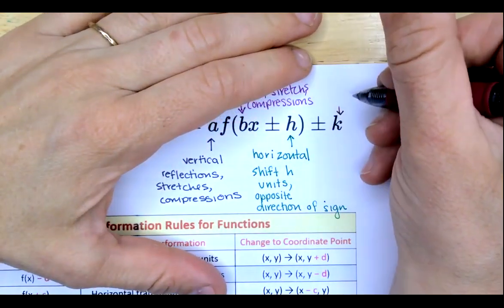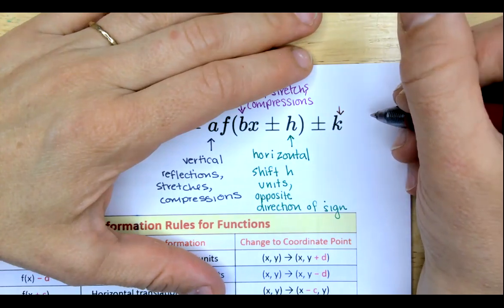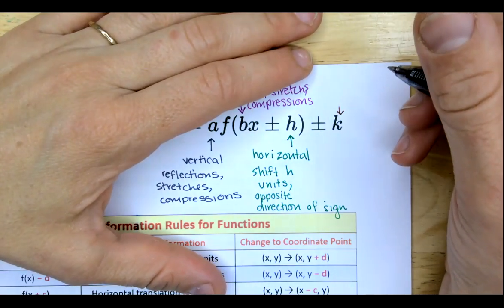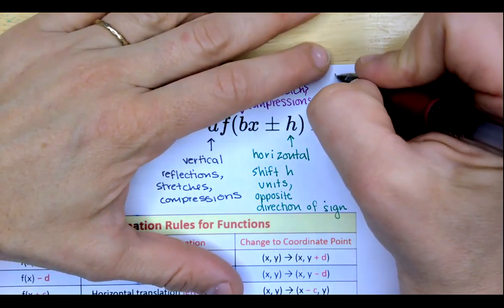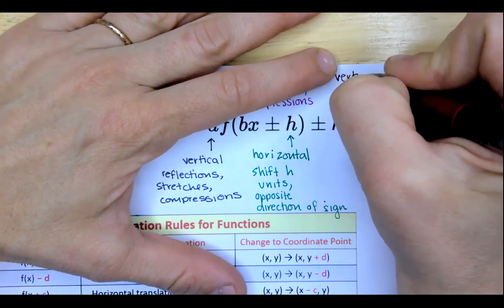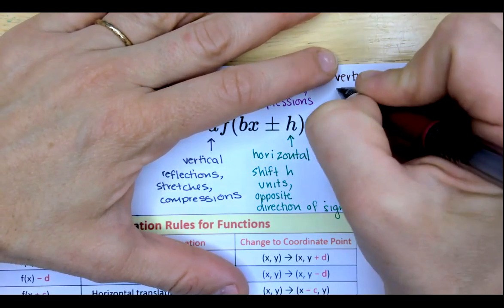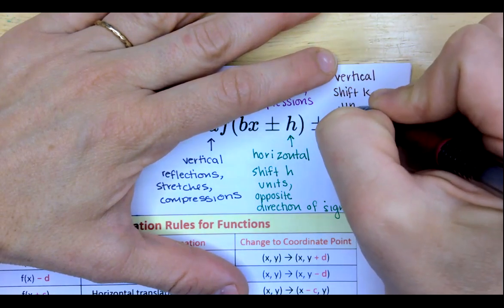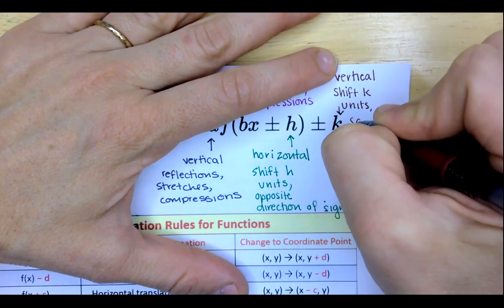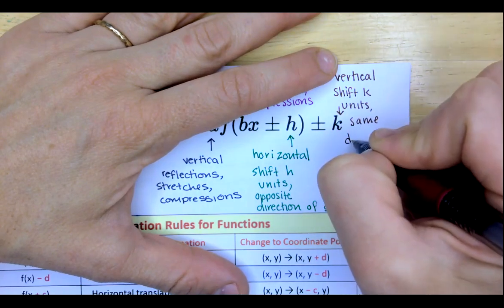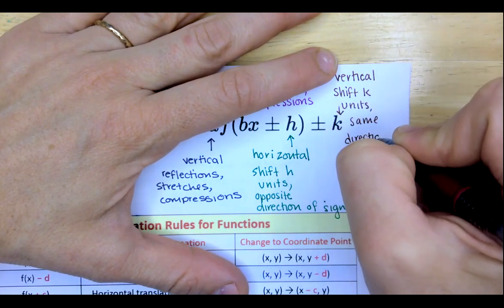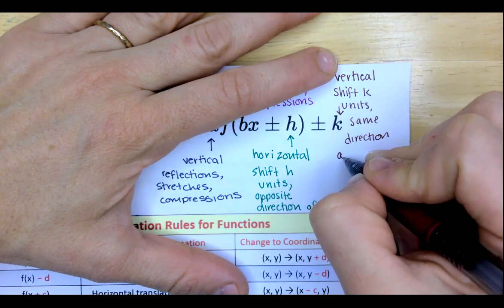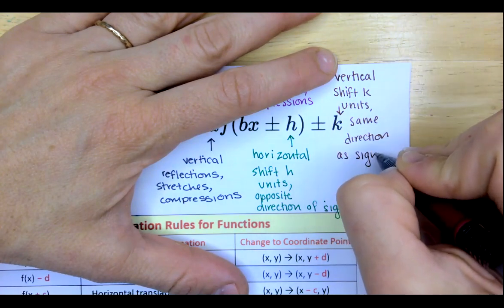So on the y-axis, up and down, vertical shift K units, same direction as your sign. So that's just a little introduction.